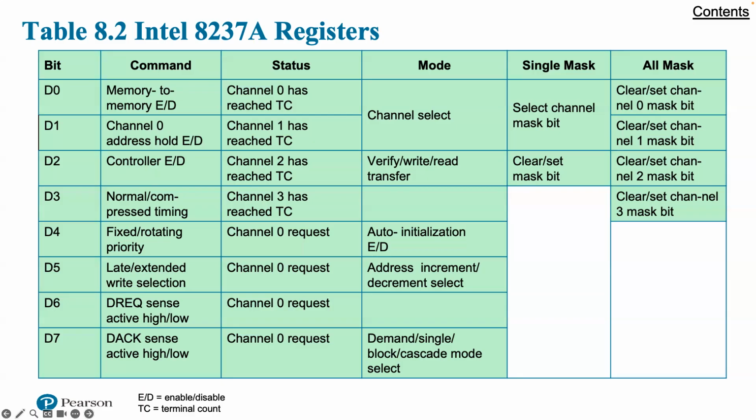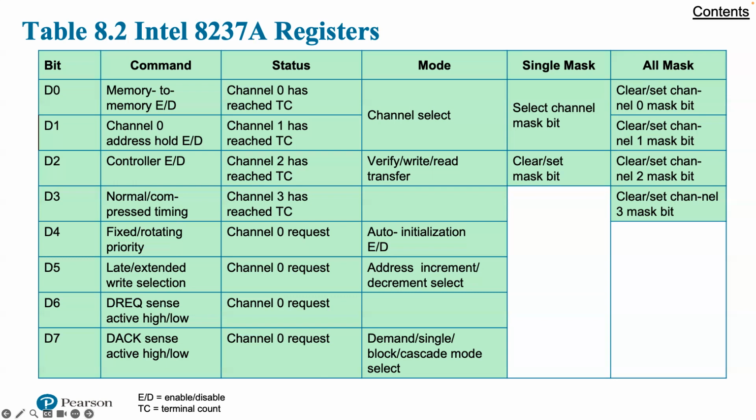The processor reads this register to determine DMA status. Bits D0 through D3 are used to indicate if channels 0 through 3 have reached their TC, that is their terminal count. Bits D4 through D7 are used by the processor to determine if any channel has a DMA request pending.